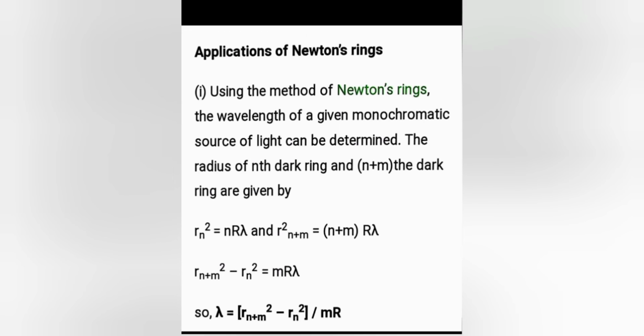Now Rn square comes to the left side, so Rn plus m square minus Rn square equal to mr lambda. So lambda equal to (Rn plus m square minus Rn square) by mr.